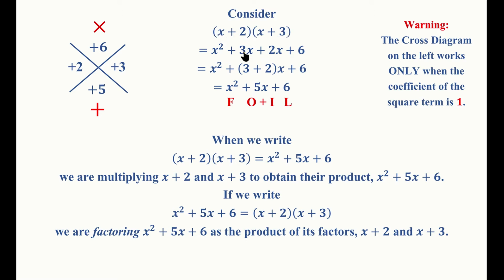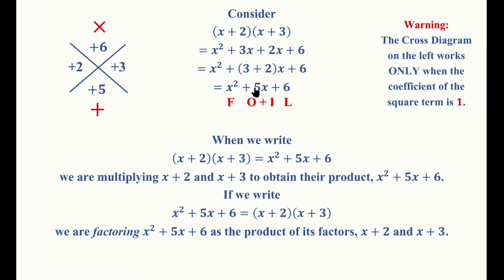Then the outer is 3x, the inner product is 2x, and 2 times 3 is the last times last. The L part gives us 6. So if we combine the two like terms in the middle, we can factor out the x, so we get x squared plus 3 plus 2x plus 6. So we get x squared plus 5x plus 6.